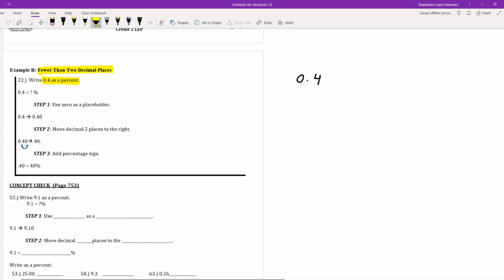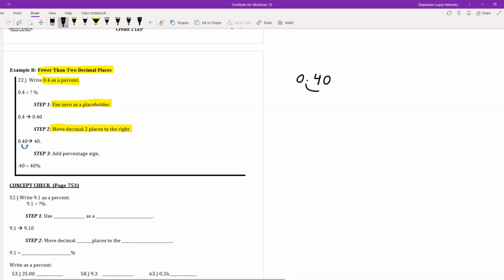My first step is to use 0 as a placeholder. Since we have to move the point 2 times to the right, if I add a 0 here, that is just going to make it easier for me to know where to place the point. As step number 2, I now move the decimal 2 places to the right.